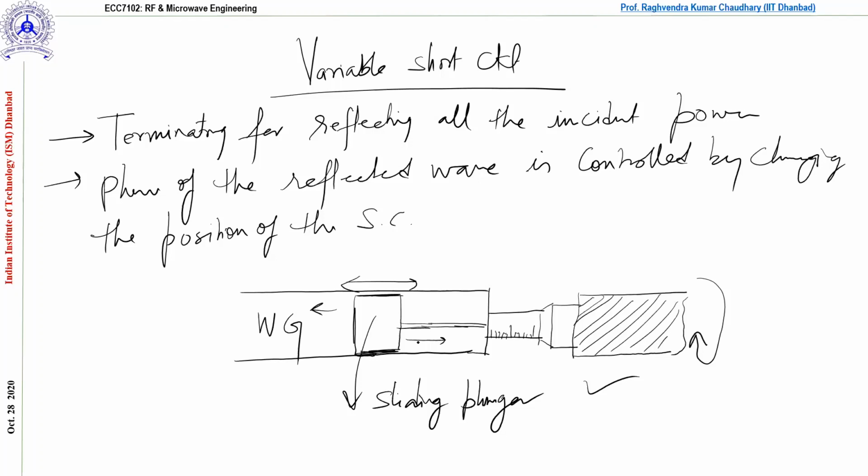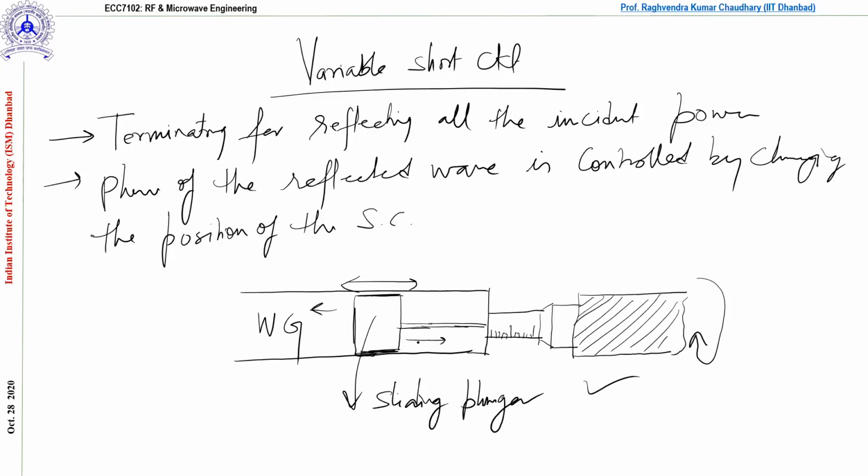Now, with this device, the working and other things we can understand mechanically. But if I ask whether we can make an equivalent of this, can we realize this whole system in an equivalent circuit form?